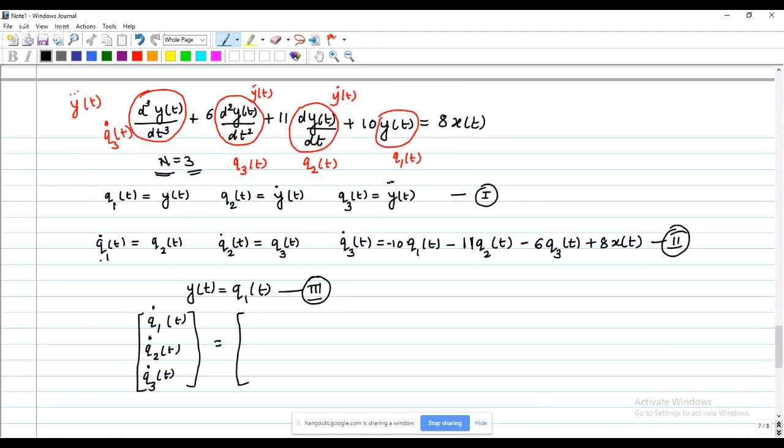Now we know that q1 dot (t) depends on q2, so there is no q1, only q2, no q3. q2 dot (t) depends on q3, so no q1, no q2, only q3. q3 dot (t) depends on q1 with coefficient minus 10, q2 with coefficient minus 11, and q3 with coefficient minus 6, and we multiply it with q1(t), q2(t) and q3(t).